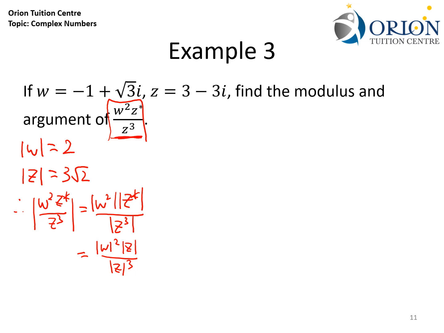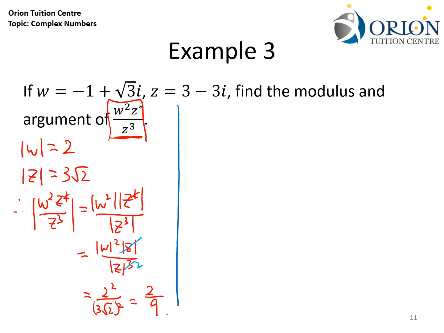And of course, the mod z can cancel out one of them, and thus we are left with 2 squared over 3 square root 2 whole thing squared, which becomes 2 over 9.